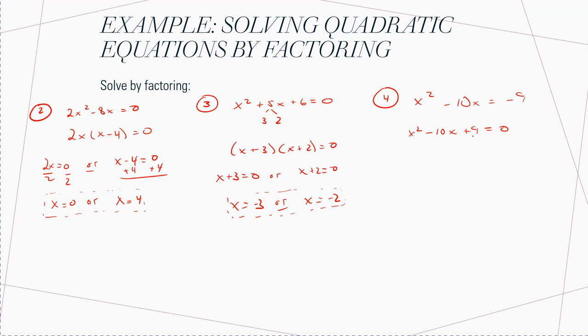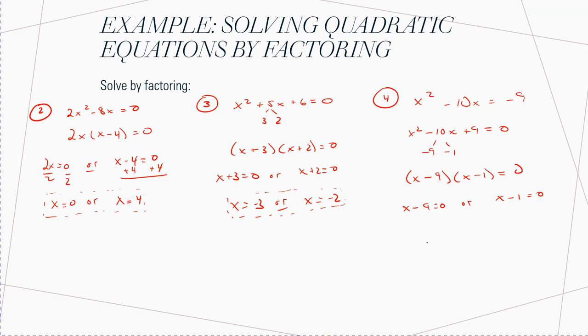Okay, now what two numbers multiply to positive 9 yet sum to negative 10? Pretty sure it's negative 9 and 1. So this is going to factor into (x minus 9) times (x minus 1) is equal to 0. So now you either have x minus 9 is equal to 0 or you have x minus 1 is equal to 0.